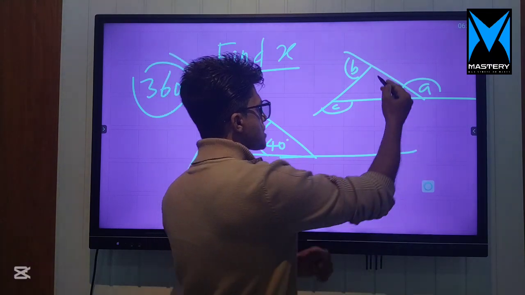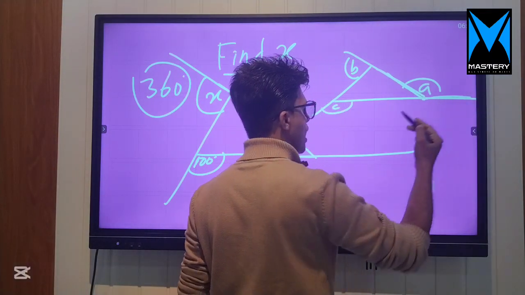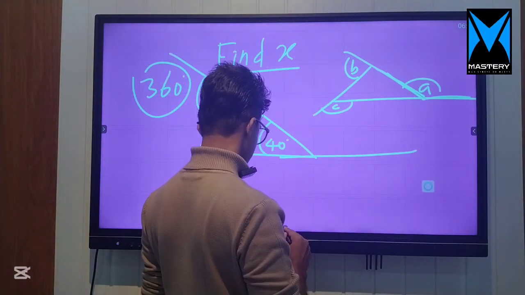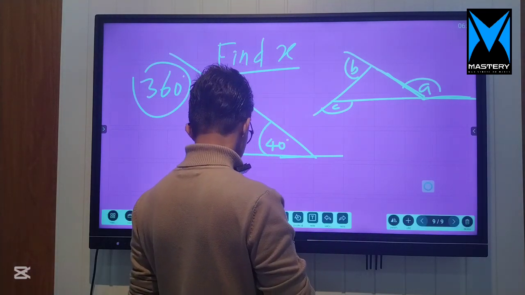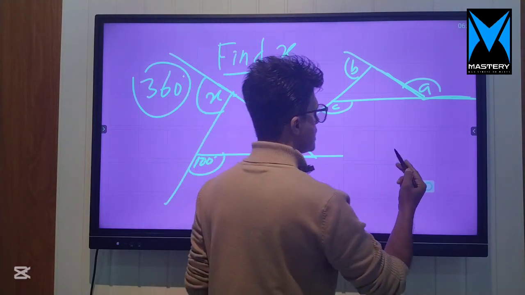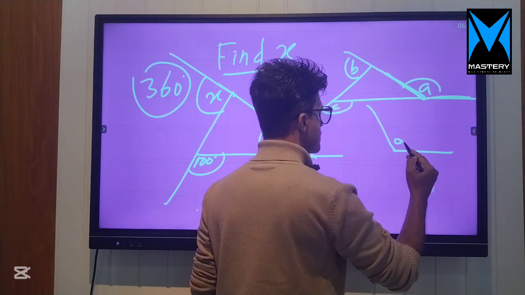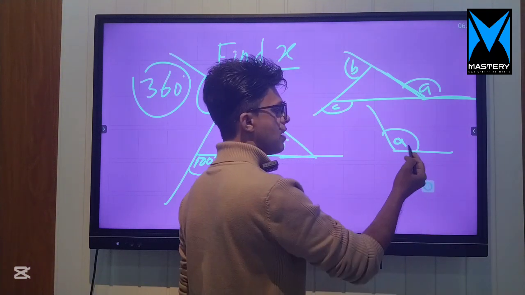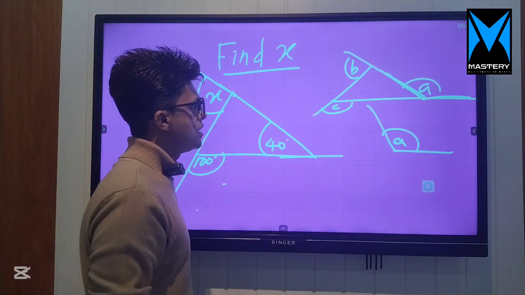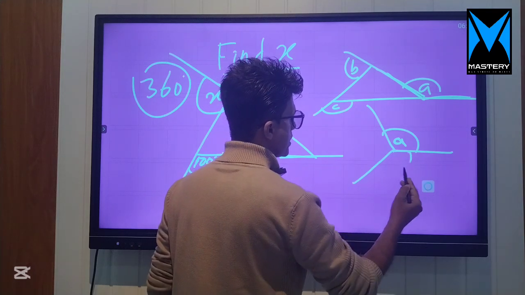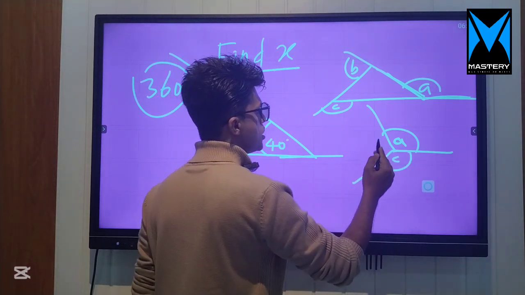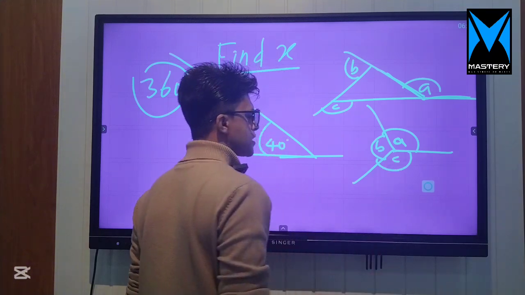When you cut this angle here, cut this angle and paste it here. This is A, and you could measure the value of this angle using a protractor, and this C also can be taken here. This B also can be pasted here.